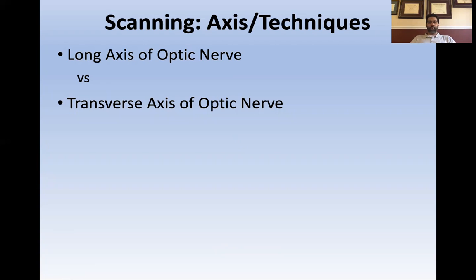There are a couple of newer approaches which are gaining traction and evidence, where you look at the eyeball such that you are looking at the transverse axis of the optic nerve. These differences become more pertinent when you're looking at the optic nerve sheath diameter, but we'll talk about both of them. If you're looking for an ocular survey, typically the long axis view of the optic nerve through a transverse axis of the eyeball itself is the preferred approach.